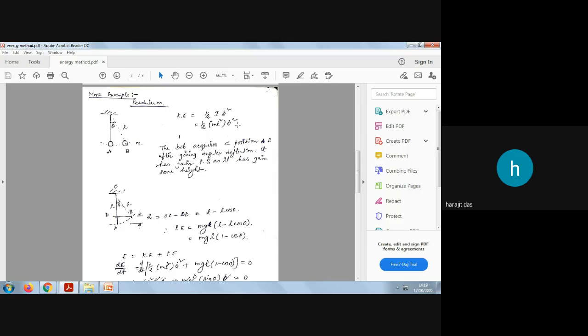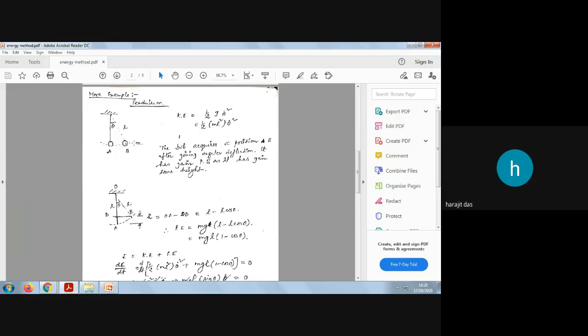Understood? The bob acquires a position B after giving angular deflection. You have given an angular deflection of theta; here there is a silly mistake. It has gained potential energy as it has gained some height. You can see this height A and this height B with respect to some datum, or this line, are not equal.